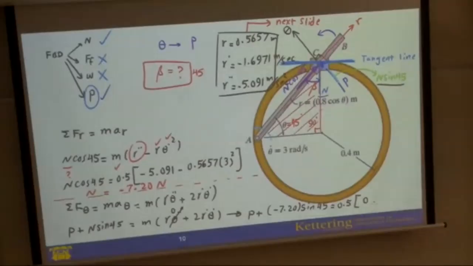This is 0, plus 2 times R dot, minus 1.6971, multiplied by theta dot of 3. You can find P. If you calculate this, P will be approximately 0 Newton. It's too small, 0.001 or something. I just round it.